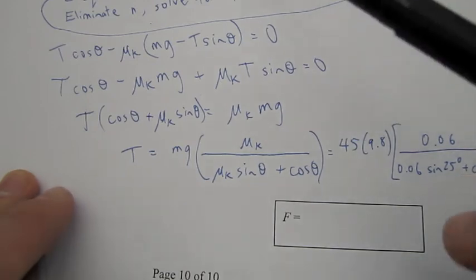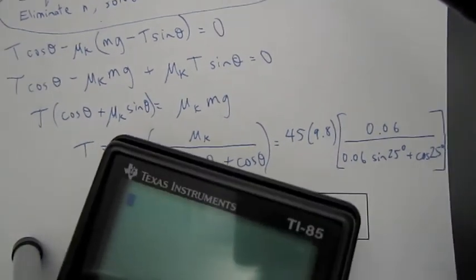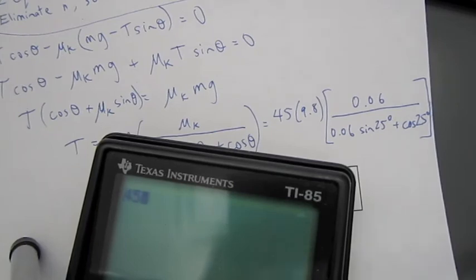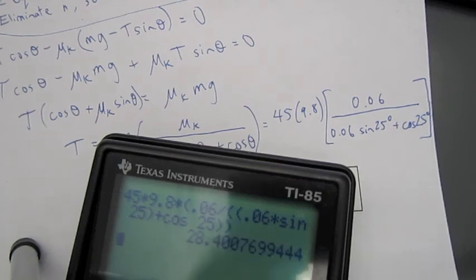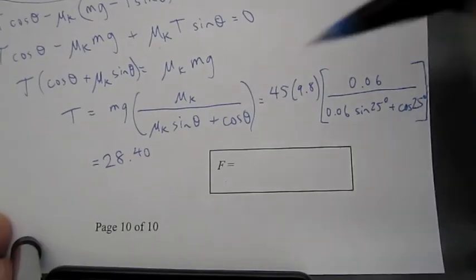Plugging in the numbers for all of that, I've got 45 kilograms times 9.8 meters per second squared times open bracket 0.06 divided by 0.06 times sine of 25 degrees plus cosine of 25 degrees, ending all my brackets there, and I get 28.40.